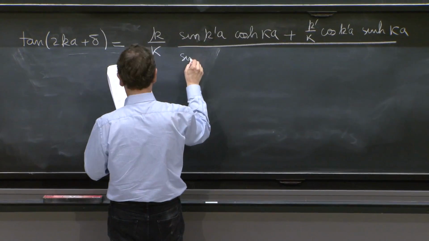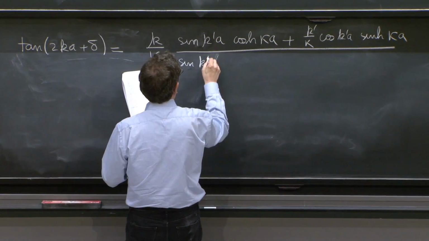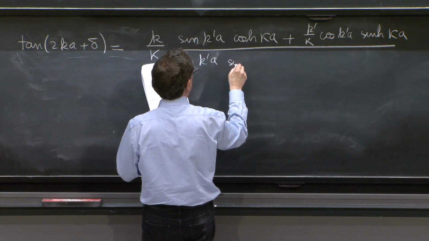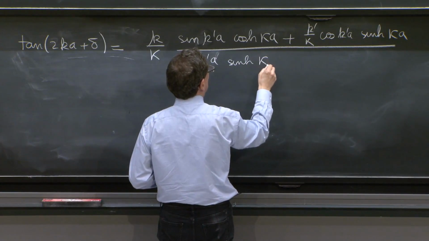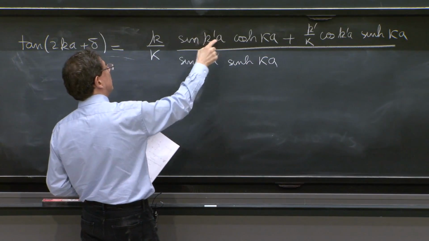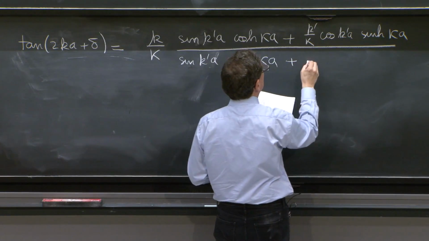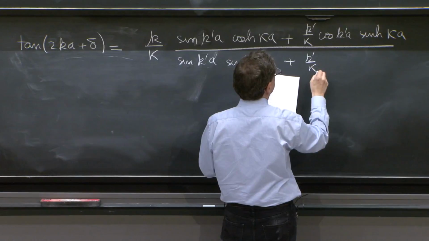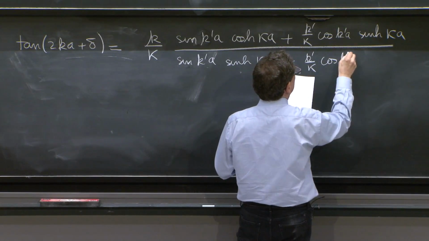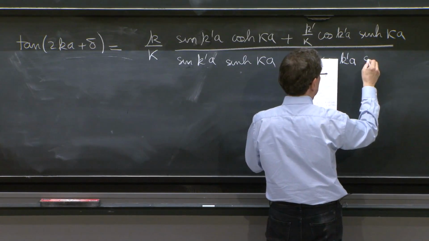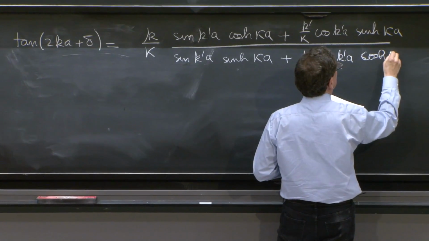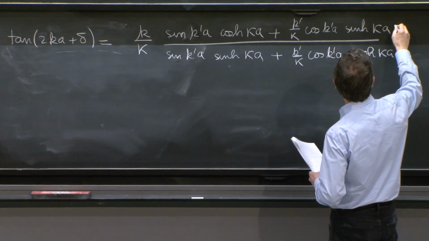You have sine k prime a sinh. The sinh and cos alternate. This trigonometry is the same, but this one changes. Same thing here, k prime over kappa cos k prime a cos kappa a.